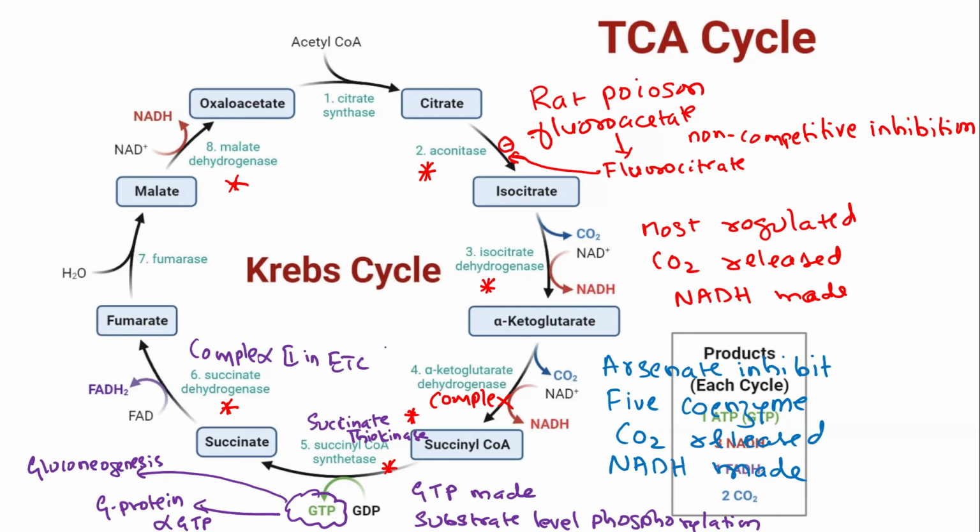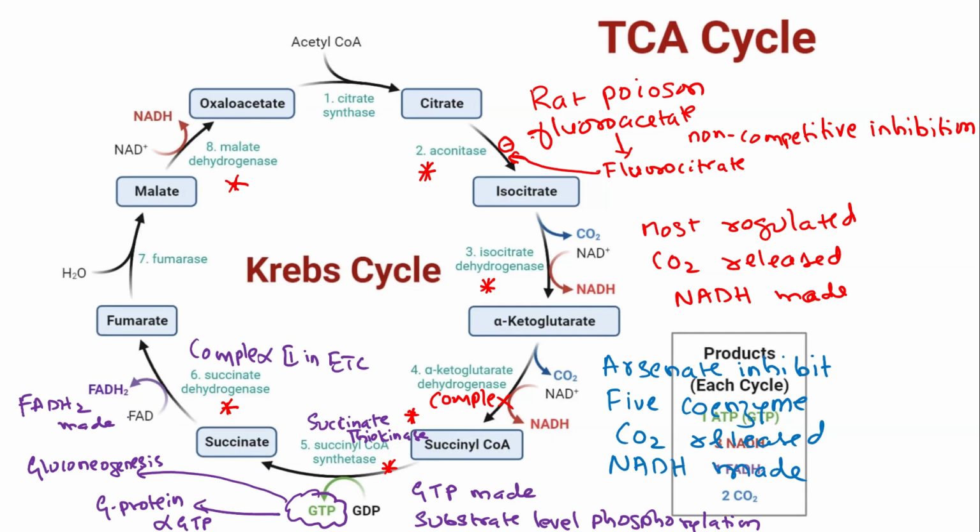Anything wrong with this enzyme, complex 2 is affected, which means your ETC is affected. That's how you can connect the TCA cycle with the ETC through succinate dehydrogenase. And as you see, there is production of one FADH₂ here, which is worth 1.5 ATP.